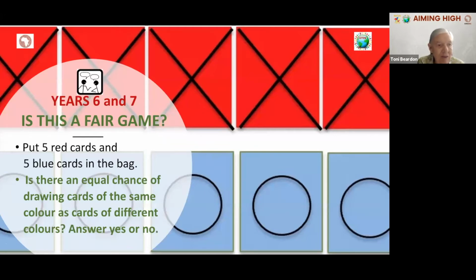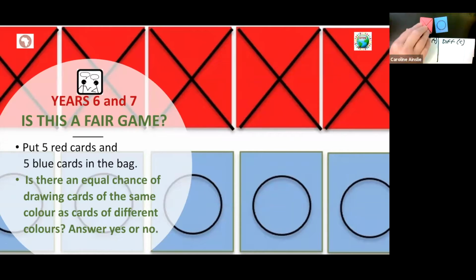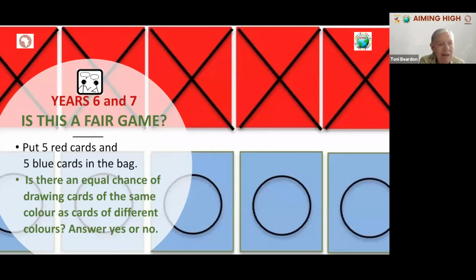My team won this time. Whoops, 2. I picked up 2. Different. Caroline's team. Remember, after picking the 2 cards, we return them back to the basket or the hat, shuffle them, then repeat the same process. Another one for my team.